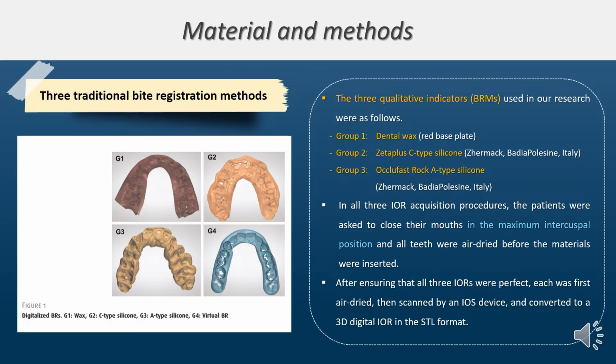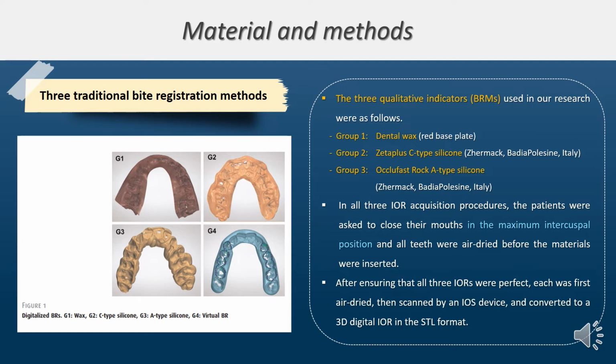3 conventional VRMs were used for groups 1, 2, and 3 respectively. In these 3 traditional bite registration methods, the patients were asked to close their mouths in the maximum intercuspal position and all teeth were air-dried before the materials were inserted.